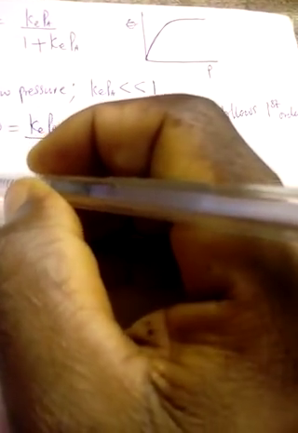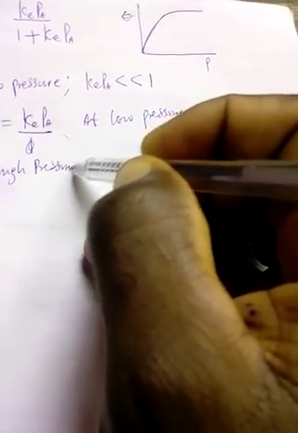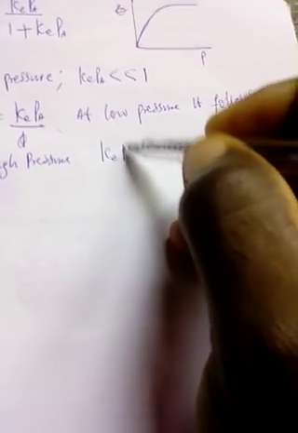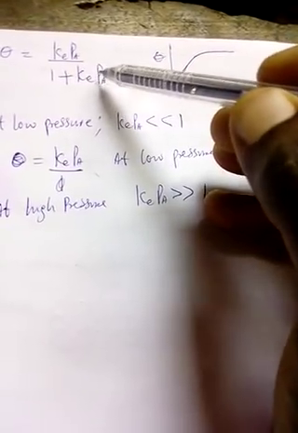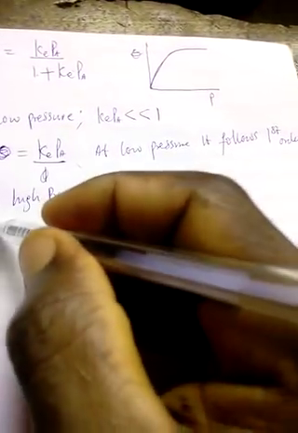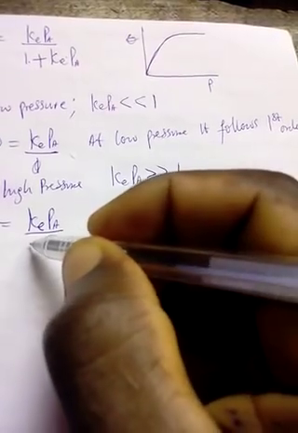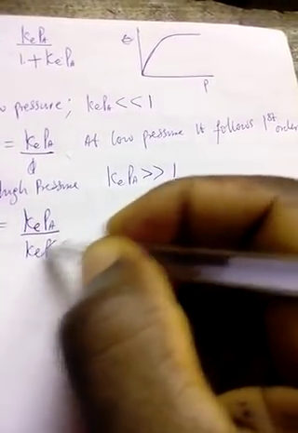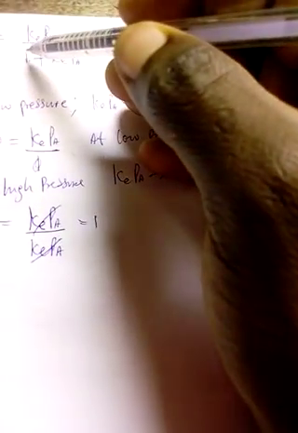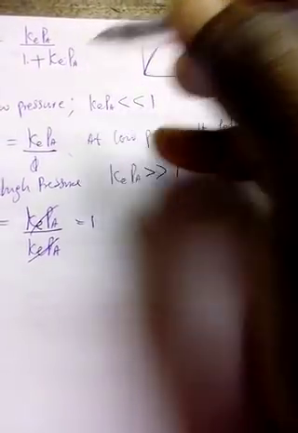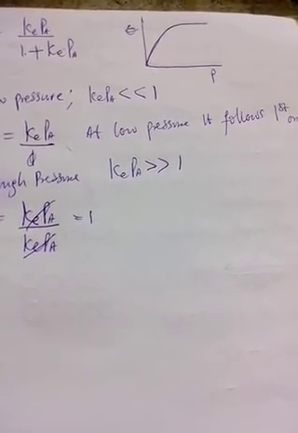But at high pressure, where KE PA is much greater than 1, the 1 is negligible, so theta equals KE PA all over KE PA. So theta equals 1. When I say it's negligible, that means you can remove it. It has no effect, so it's more or less not there.